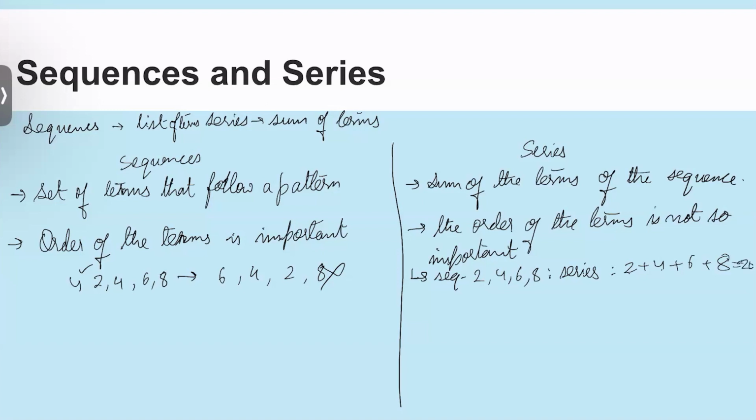Even if you write 6 plus 4 plus 2 plus 8, 6 plus 4 is 10, 10 plus 2 is 12, 12 plus 8 is again 20.